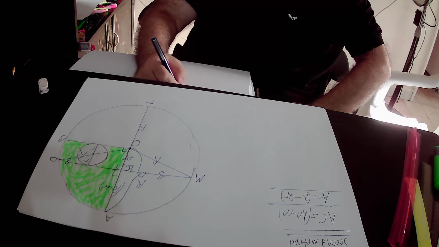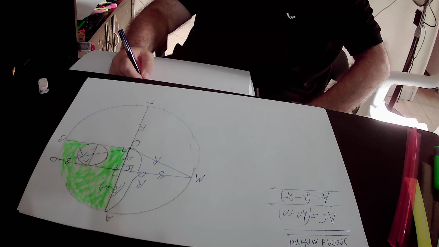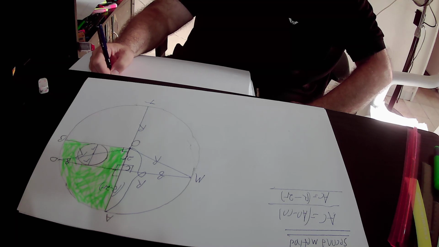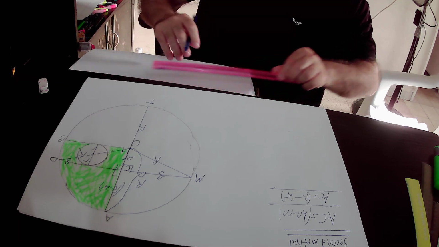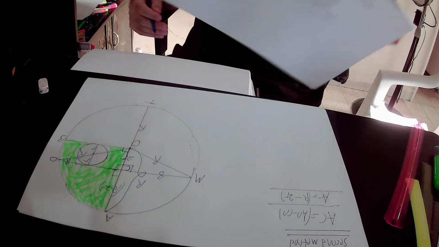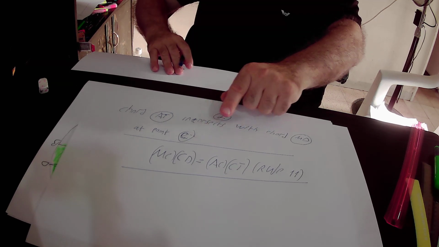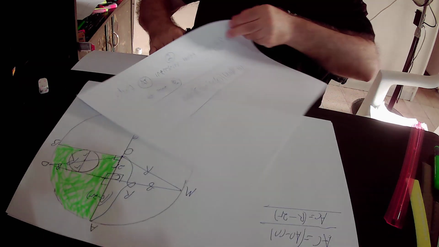MC times CD equals AC times CT. I'll repeat again. According to rule number 11, MC times CD equals AC times CT. Okay.